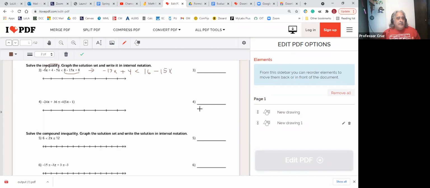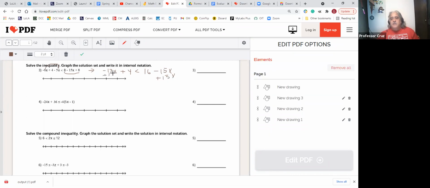So now we've got one that we're going to collect like terms across the equal sign, which means just like with an equation, we're going to do the opposite. So if we plus 15x and plus 15x, and then we're going to minus 4. So this is going to be 2x.